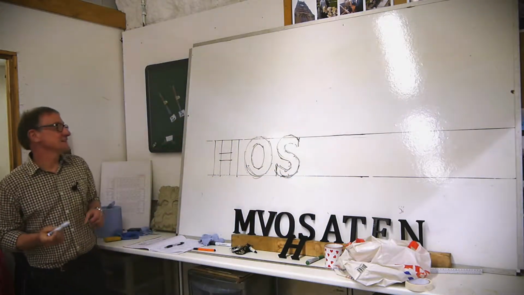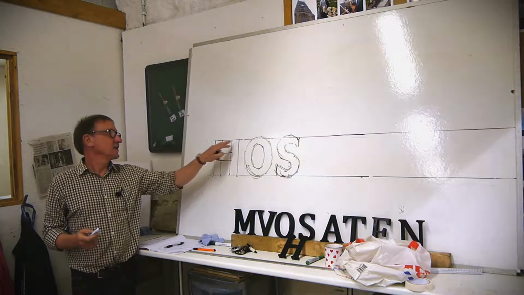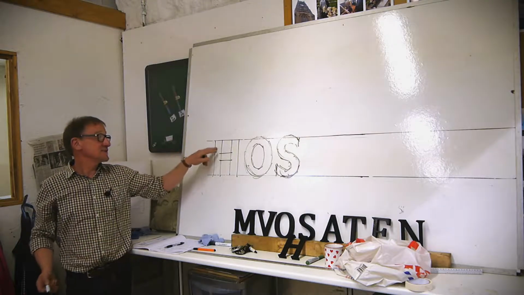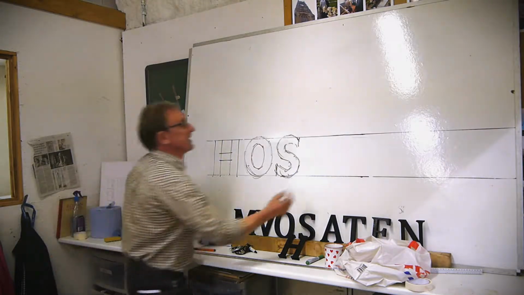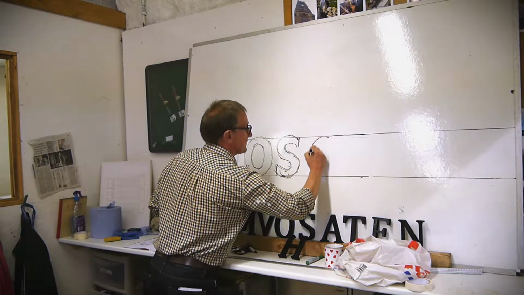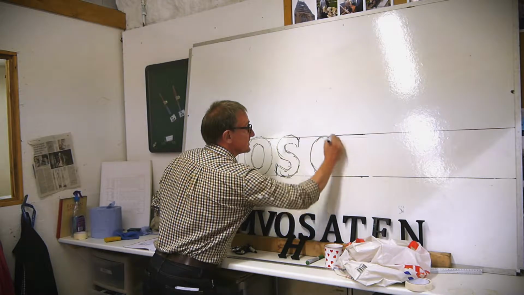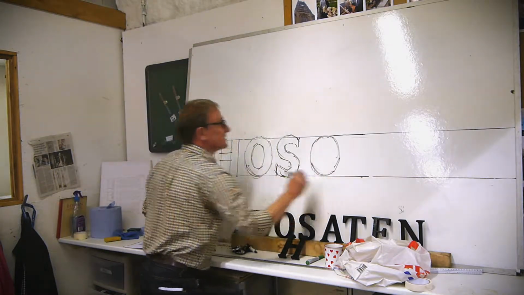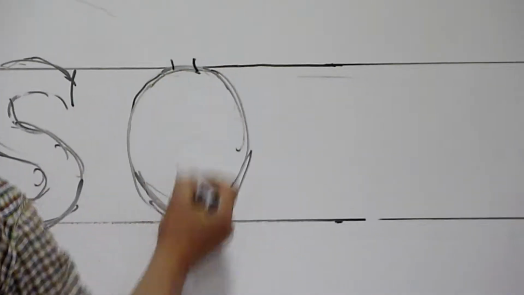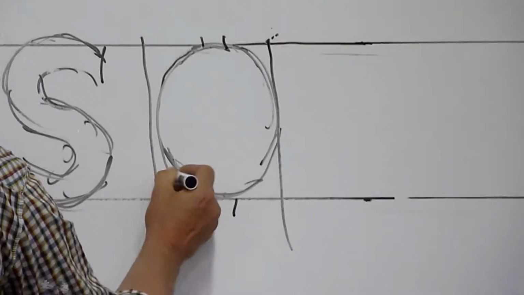Now the reason for that is this H is in contact with that top line virtually the whole width of the letter, or the space that it commands. If we were to do this letter O, where it actually touches the top and bottom line, it'll look too small and too weak because it's only actually in contact with a line there and the letter is commanding that amount of space.